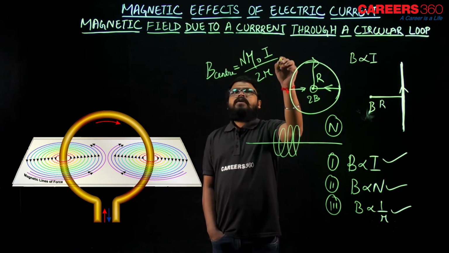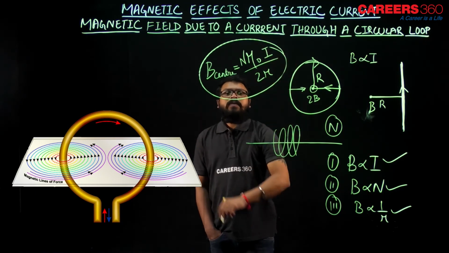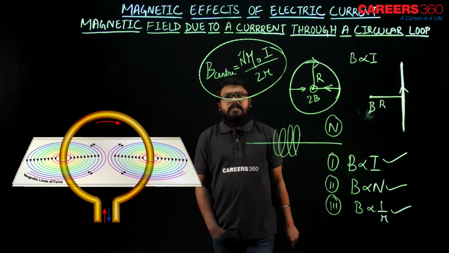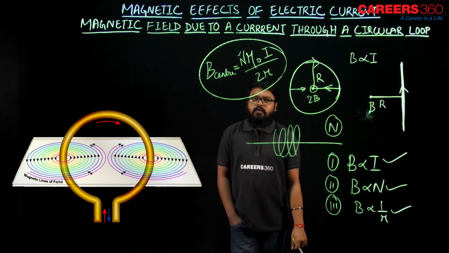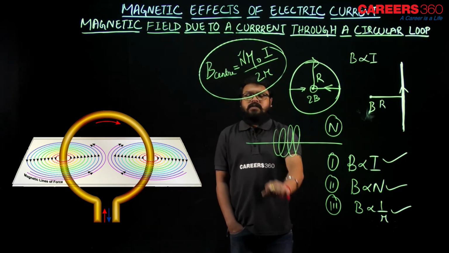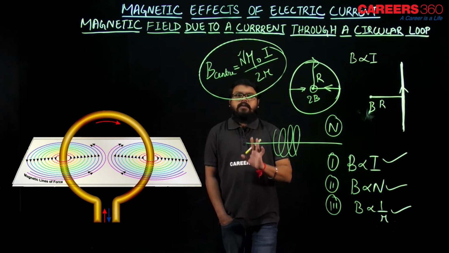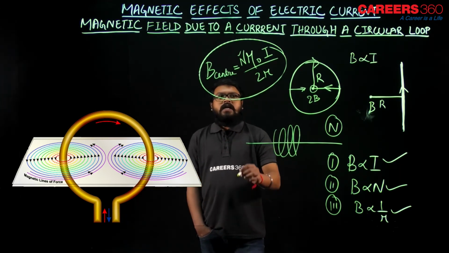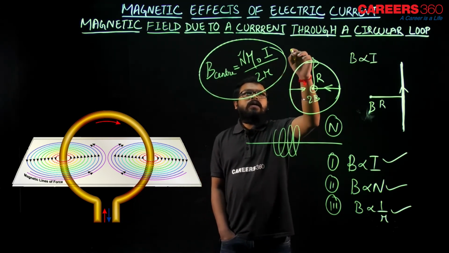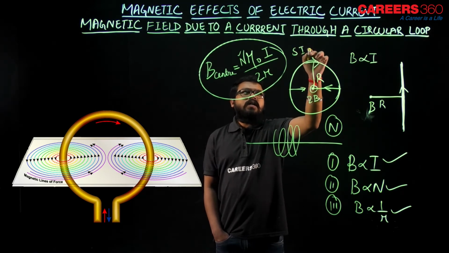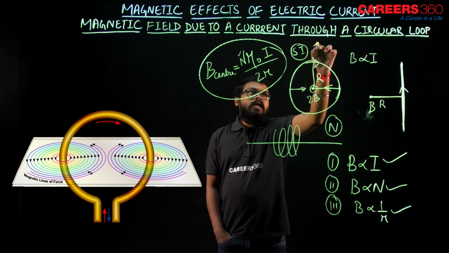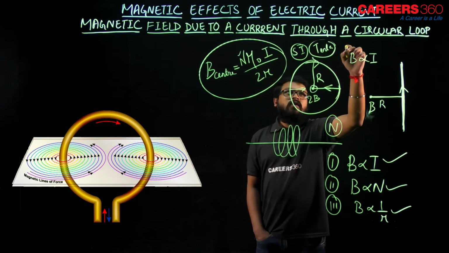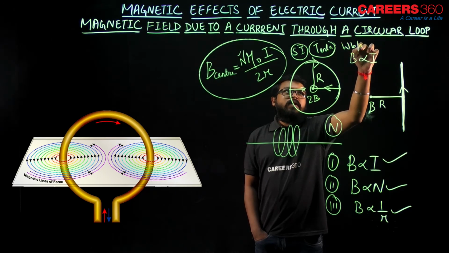So the magnetic field at the center of a loop or a coil having n turns is given by n mu naught I by 2r. The derivation of this formula you will study in higher classes, but as of now you just remember this. The SI unit of magnetic field, I do not think I have mentioned this, is Tesla, or sometimes it is called Weber per meter square.